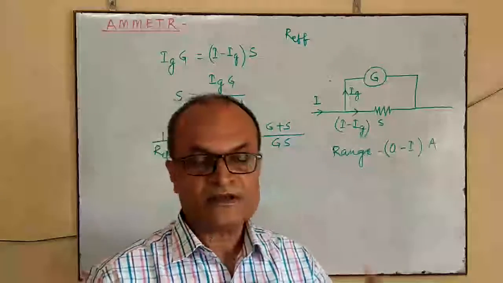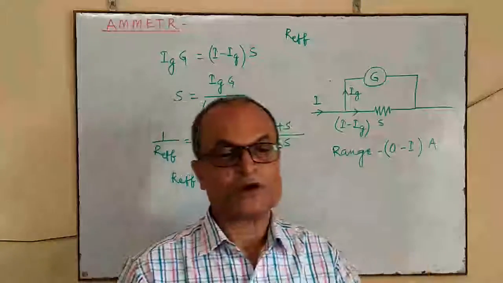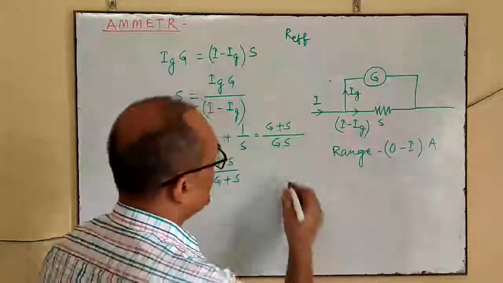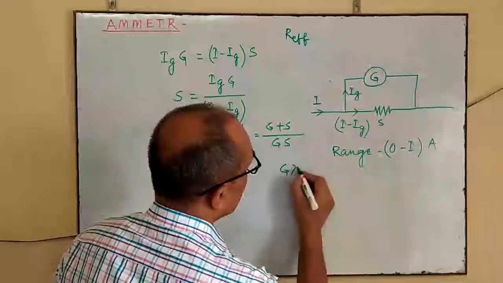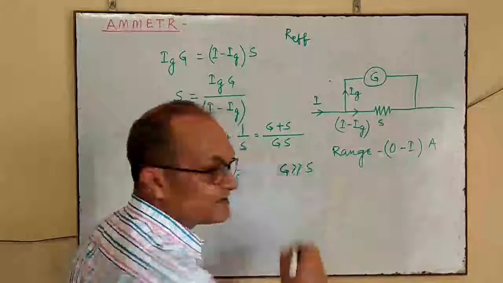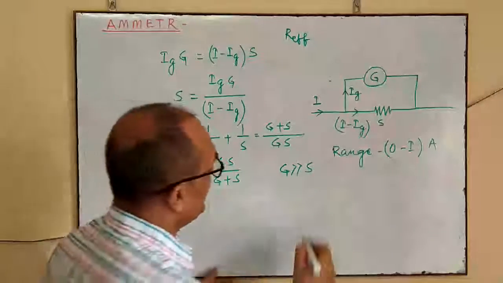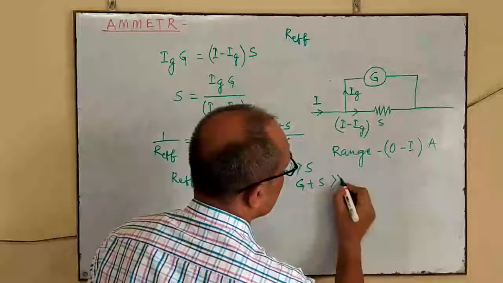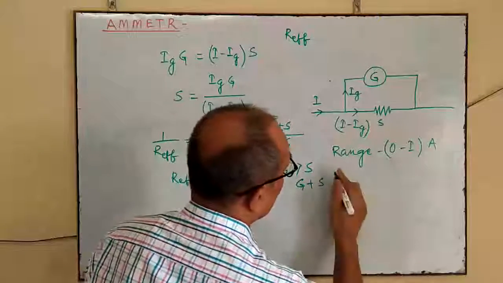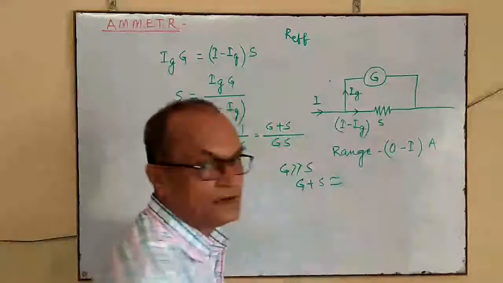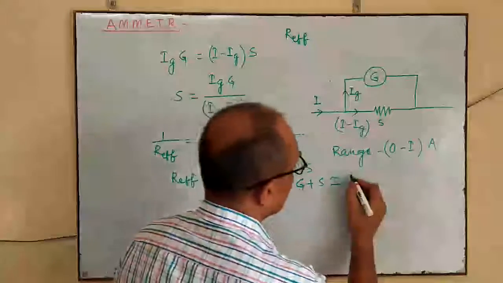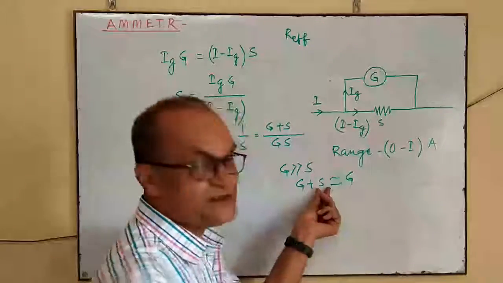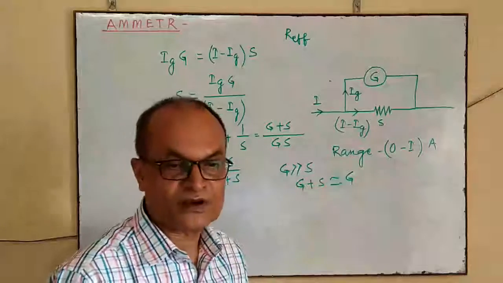Now, the shunt is of very small resistance. So G is much greater than S. So here we say that G plus S is about the value of G, because S is of very small resistance.